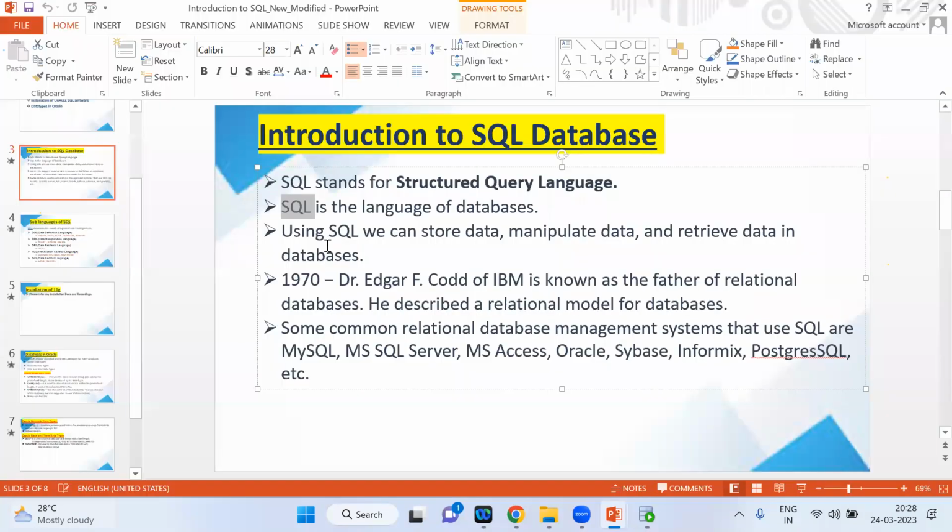Using SQL, we can store data, manipulate data, and retrieve data in the database. We can store data, we can manipulate or modify data, and we can retrieve or fetch data from the database.